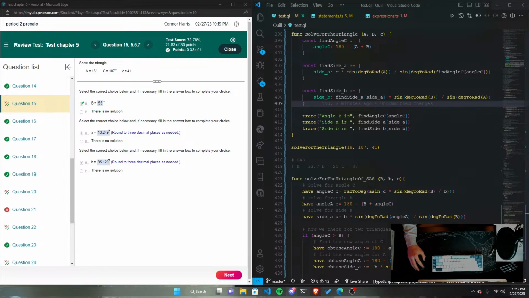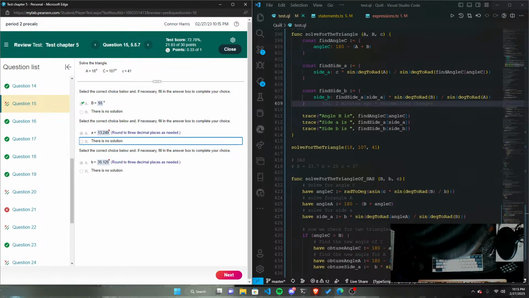To solve for both sides, we can multiply by a over sine of 18, so that gives us... Wait, am I stupid?